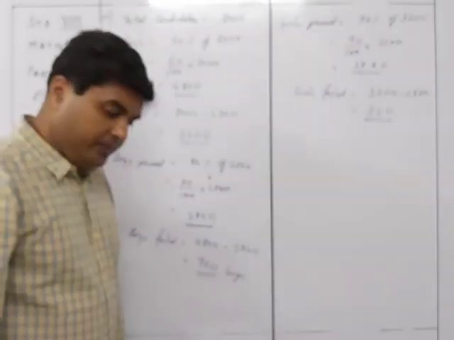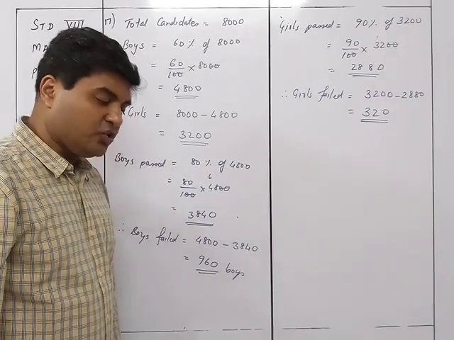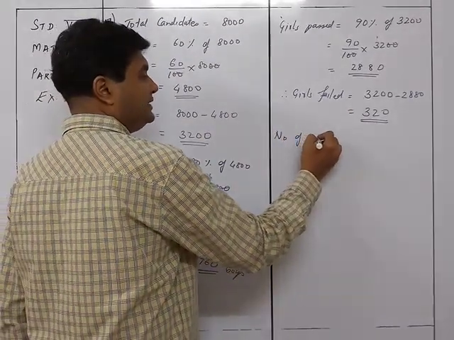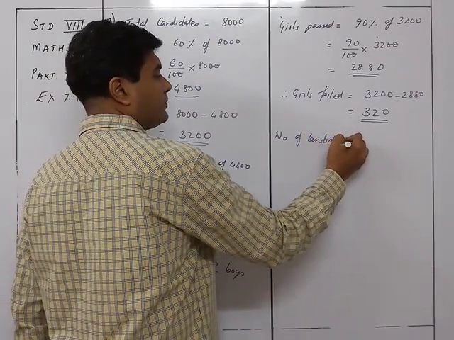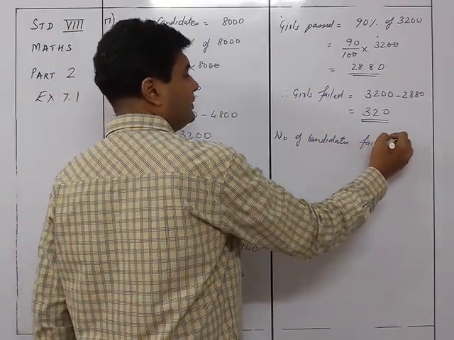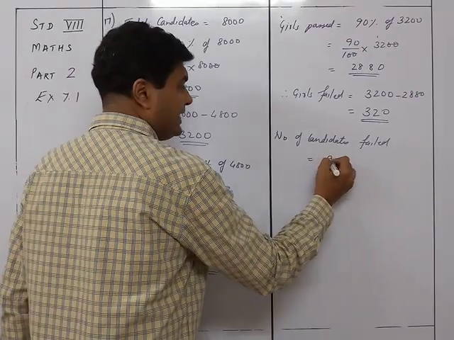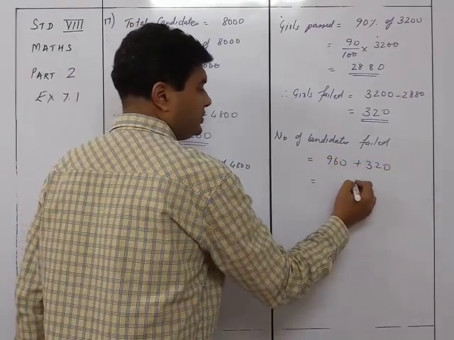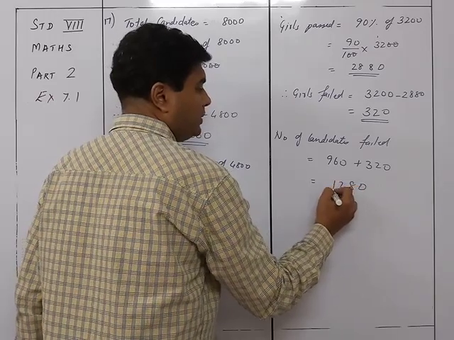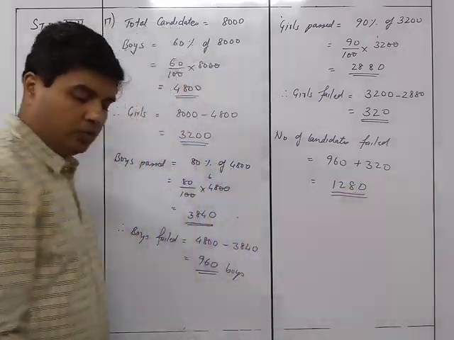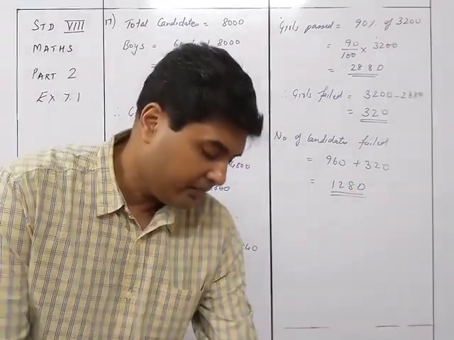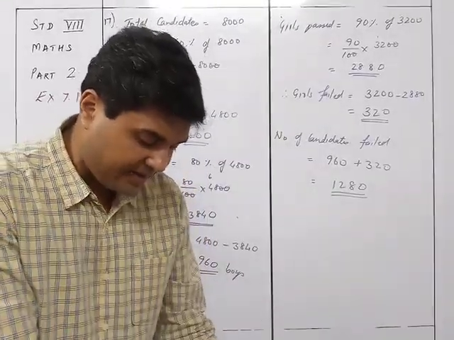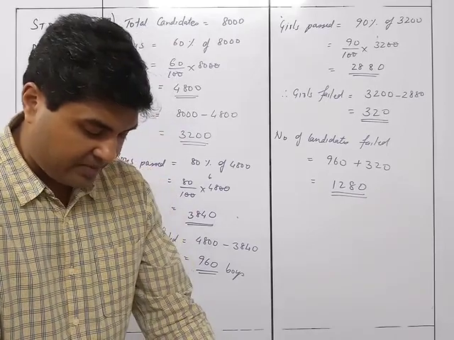So what is the question? Find the number of candidates who failed. So number of candidates failed is equal to 960 plus 320, which is 1280. 1280 will be the answer. So 1280 students or candidates failed the examination.